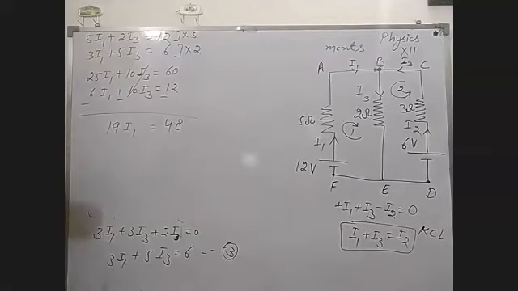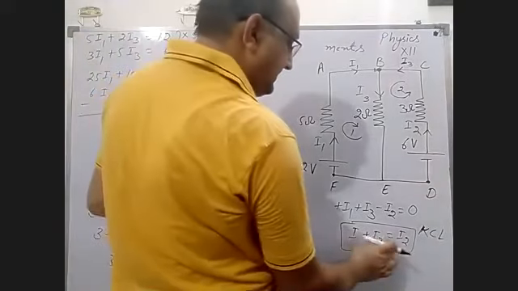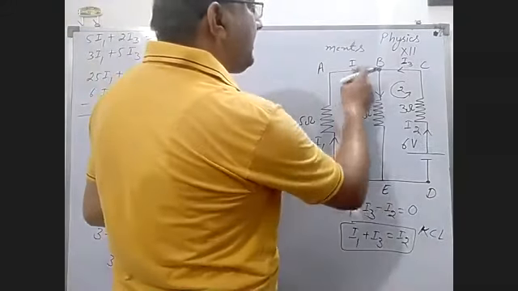2 3s are 6, 5 5s are 25. Any mistake is there? Yes, mistake is there. Something is wrong here. Okay. Yes, there is a fault.